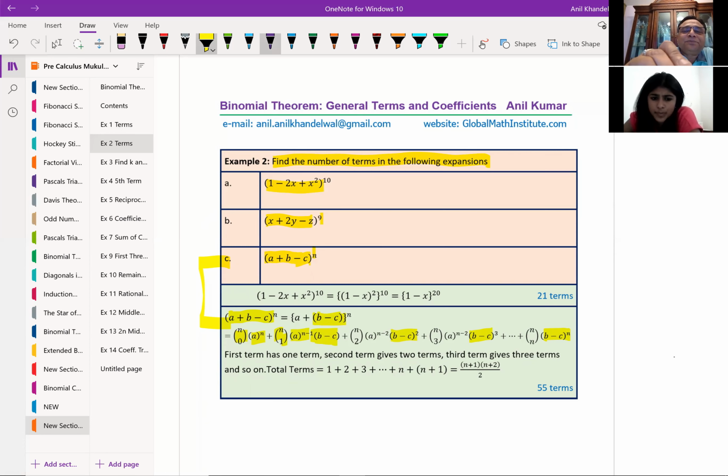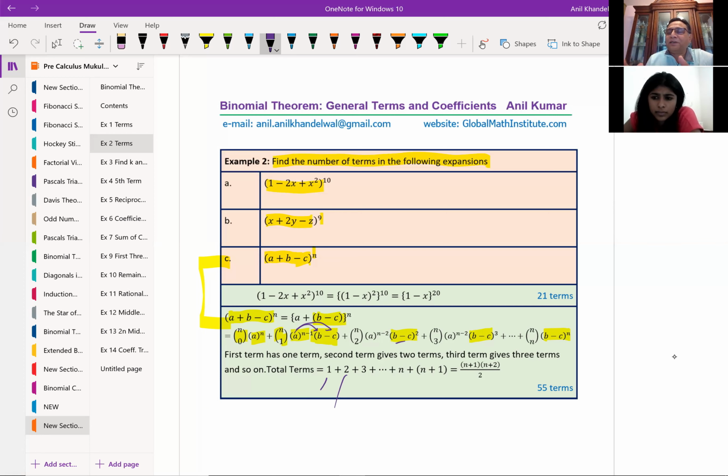Now, let's see it another way. The first term actually gives you only one term, right? nc0 a^n, that is only one term. In the second term, I'm multiplying that a with b minus c, so I get two terms, because of the distributive property, I'll multiply and get two terms. Now I have a binomial, b minus c squared.